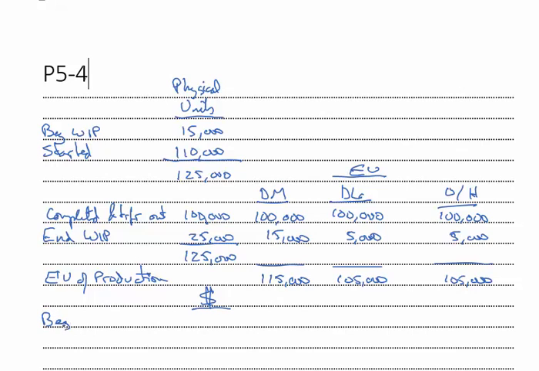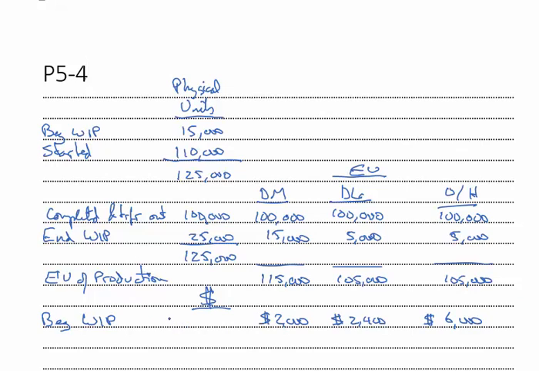So we go back to beginning work in process, and we are told $2,000 for materials, $2,400 for labor, and 6,000 for overhead.